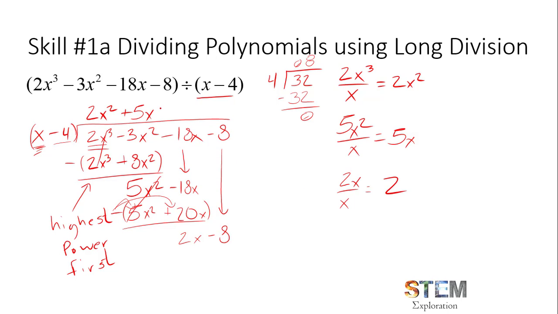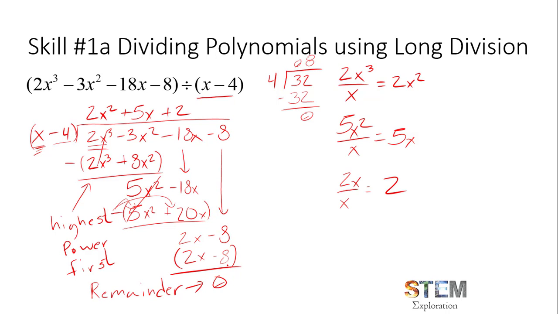So now we're going to go plus 2. And if we go 2 times x, that's 2x. We go 2 times negative 4, that's negative 8. Hey, it all matches up. You have 0. And this is what your remainder is, this value right here. So we have a remainder of 0.